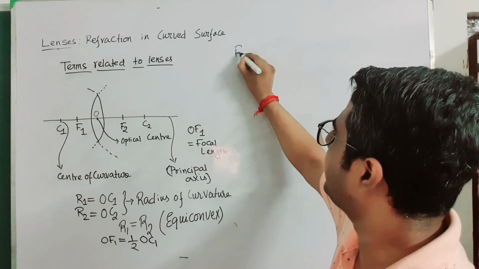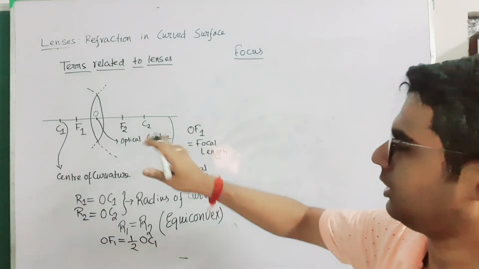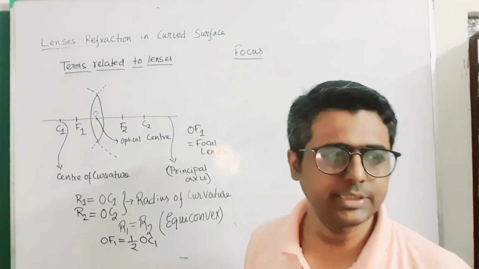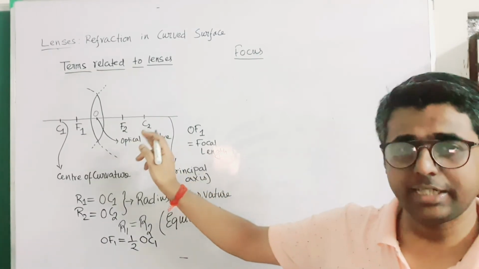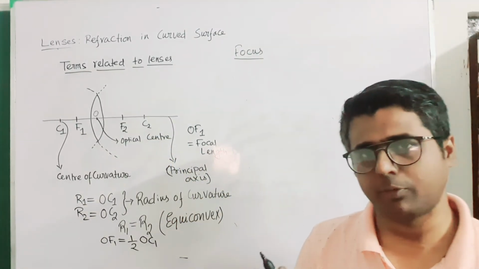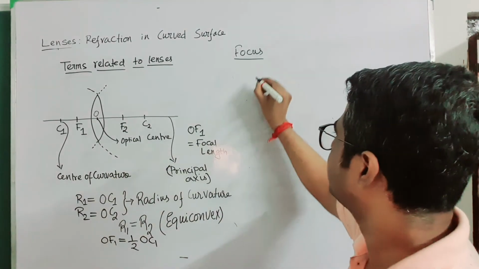How to determine the focus of a convex lens? Focus is not a geometrical point. Center of curvature is a geometrical point. Focus is not a geometrical point. What is focus?